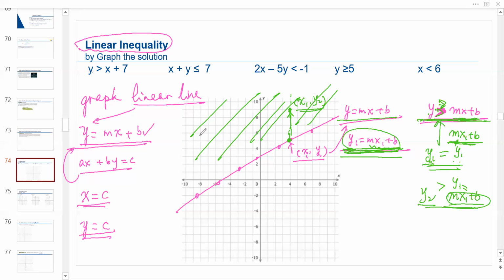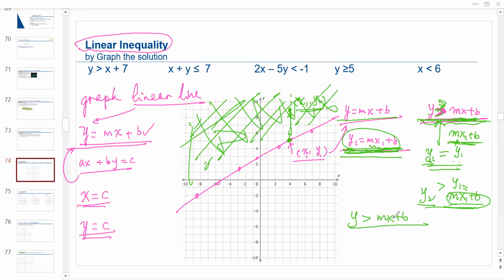So any dot in this area, any dot above, you pick any dot, we can make y greater than mx plus b. So they can all match this situation, right? So when someone asks you, okay, I need to find a dot that can match this.